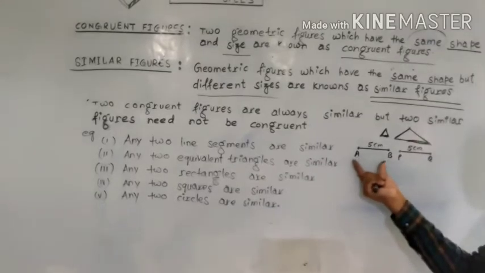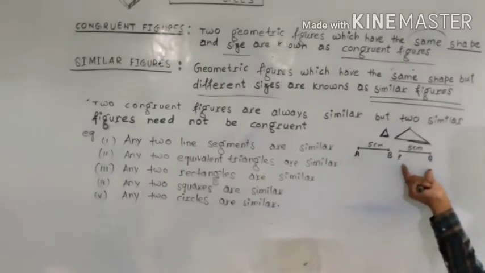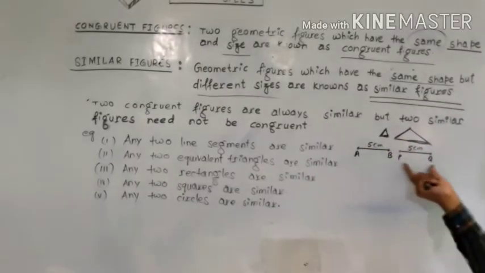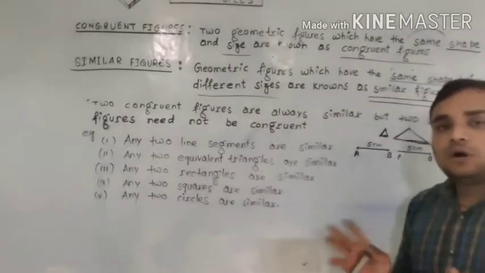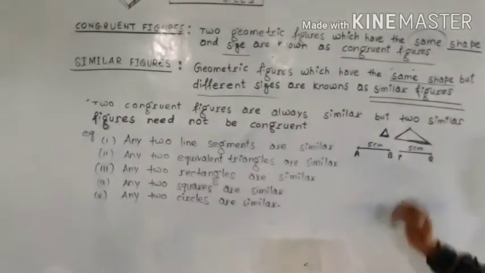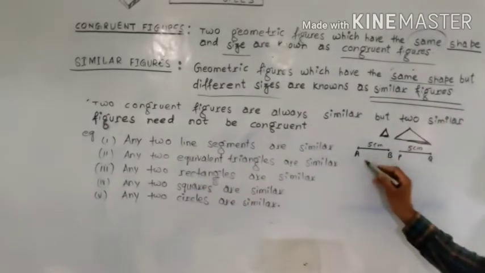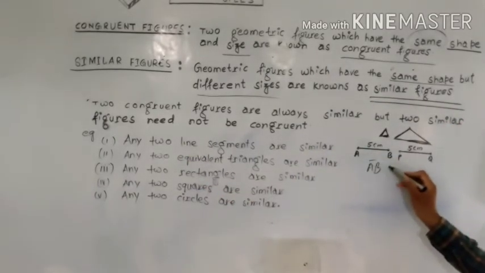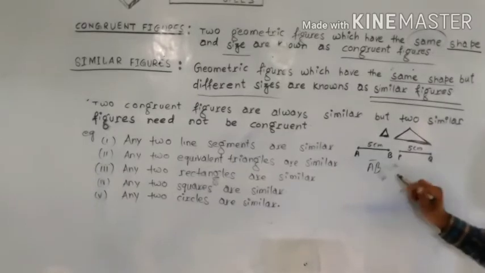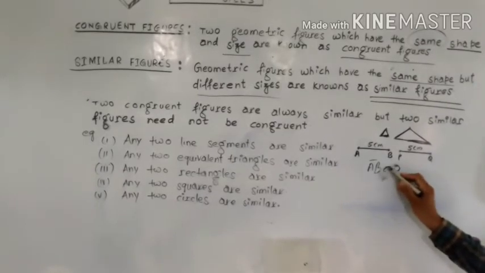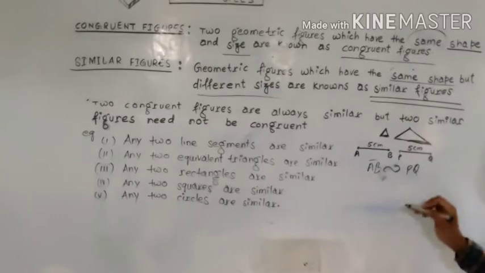If AB is put on PQ or PQ put on AB, then they overlap each other. So any two line segments are similar, that means line segment AB is similar to PQ. This is the sign of similar.